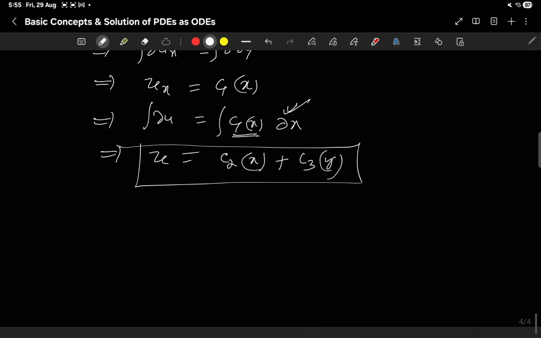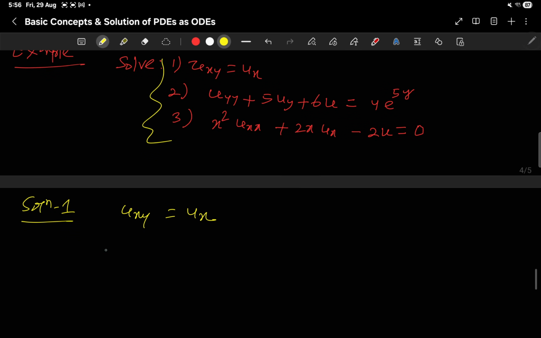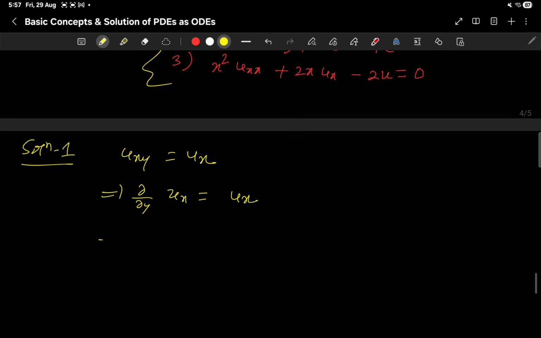Now let us solve a few more examples. Now you are asked to solve the following, okay. Coming to the solution number 1. So here uxy is equal to ux. So we write it del by del y of ux is equal to ux, okay. Just variable separation, del ux by ux is my del y only.